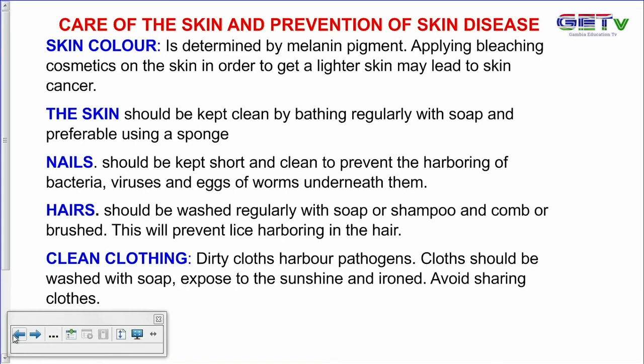Some people apply bleaching materials, like some of these cosmetic materials, on their bodies in order to look fair. When they apply them, they remove the melanin. When the melanin is removed, our bodies are exposed. So now when our body is exposed, the ultraviolet rays can easily go through our skin and damage it.